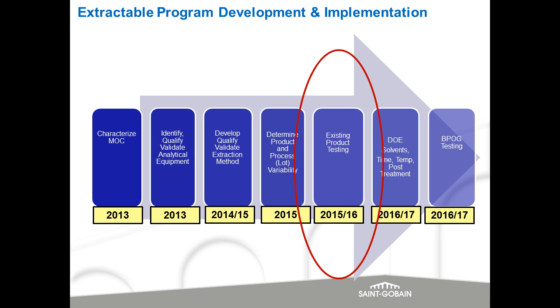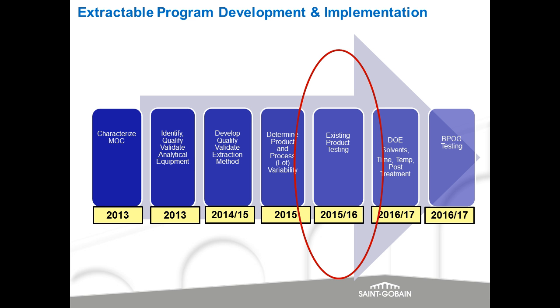During the same period of time, we were identifying, qualifying, and validating some analytical equipment in our research center in Shanghai. We had a significant analytical operation there that was supporting microelectronics. So we were able to really tap into their ultra-clean product analysis capabilities there.